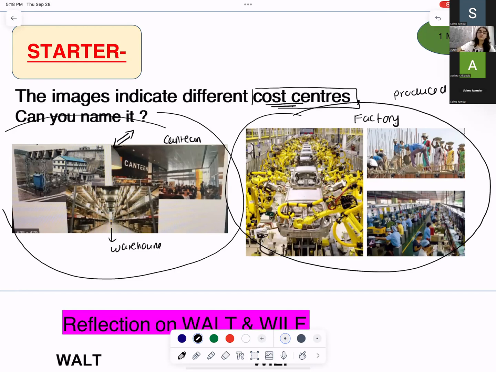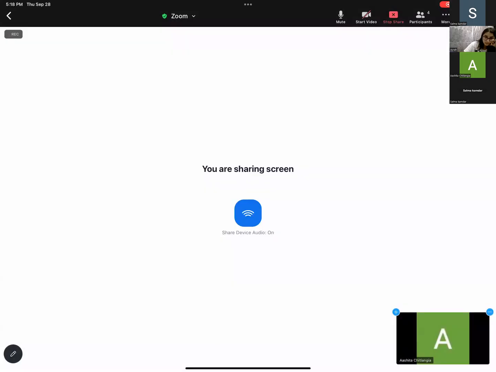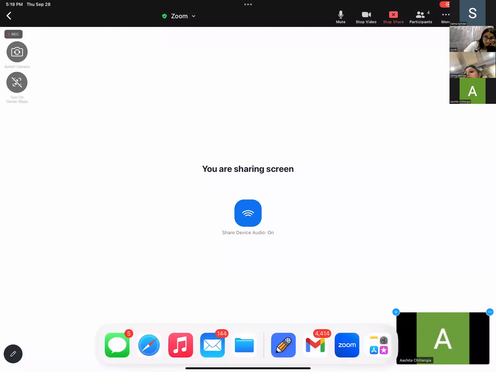Now, you all have already described what these are. Can you tell me what is a cost center? What is a cost center?